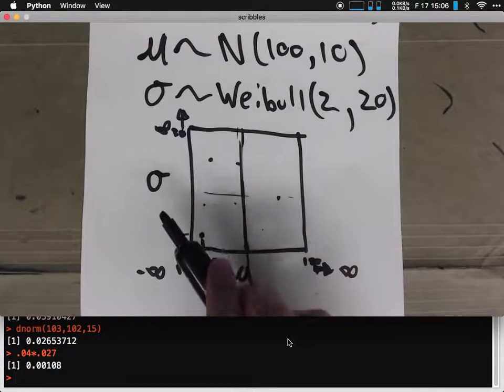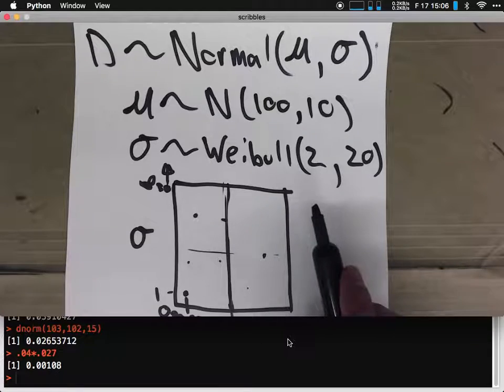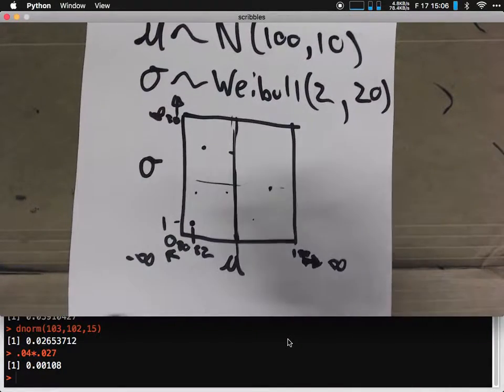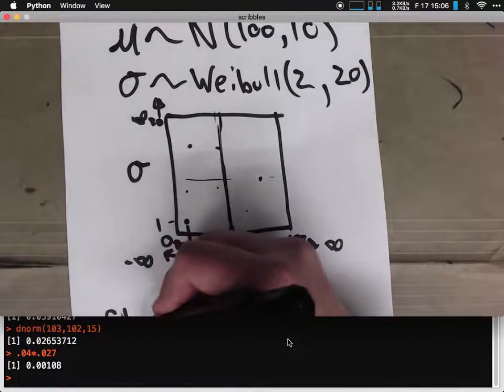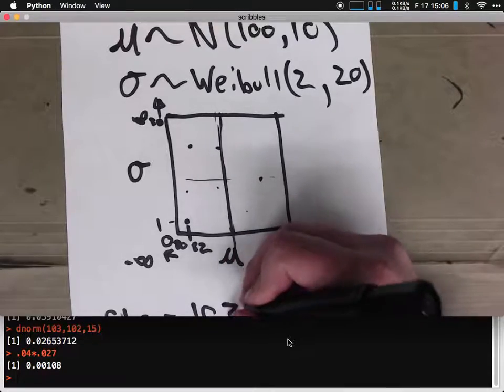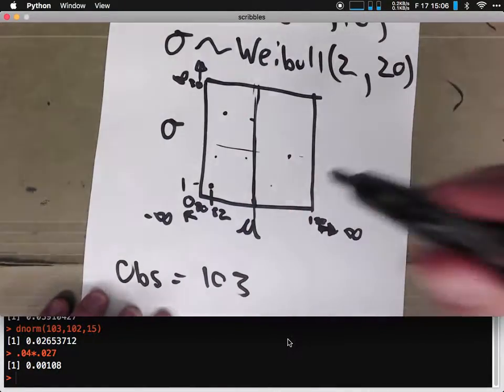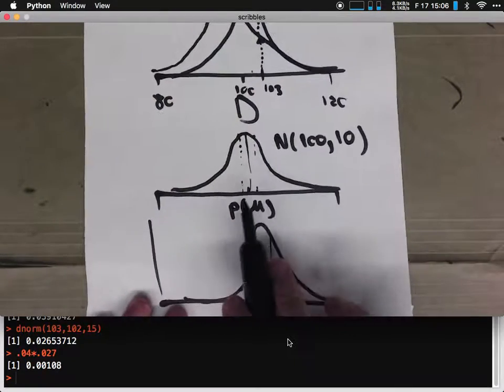But once you see that we've changed to a bivariate space, the way of doing inference given a data point, so if the obs equals 103, is to simply iterate over steps through this space in the same way that we did when we had a one-dimensional space to search.